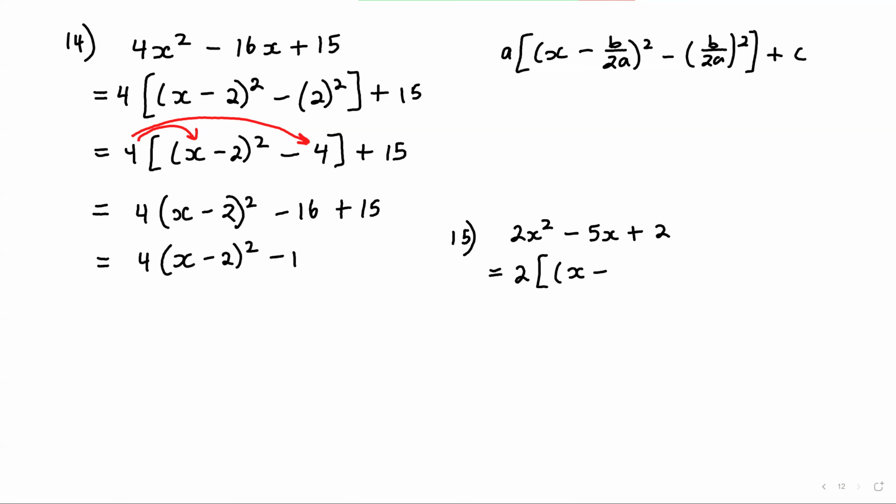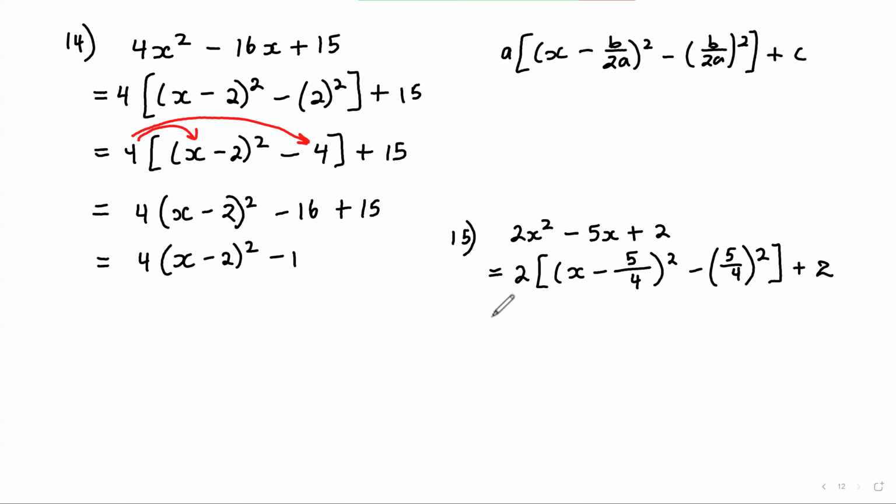Are you looking at the right question, babe? I'm on question 15. Oh my God, I'm sorry. 5. Yeah, so it'll be 5 over 4, right? All to be squared minus what? Minus 5 over 4 squared plus, right, plus 2.